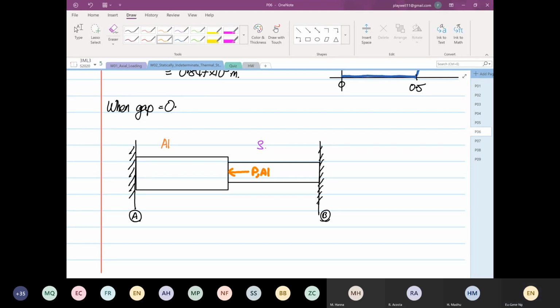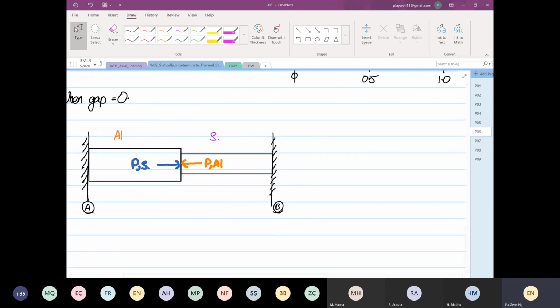Compression on the aluminum. Okay. And then on the other side, there's a force that's going to be induced on the steel. Okay. Because now your gap is equal to 0 already. Right? So what you can see over here, when gap is equal to 0, this is the force that is going to happen. And we're going to base it on Newton's third law.